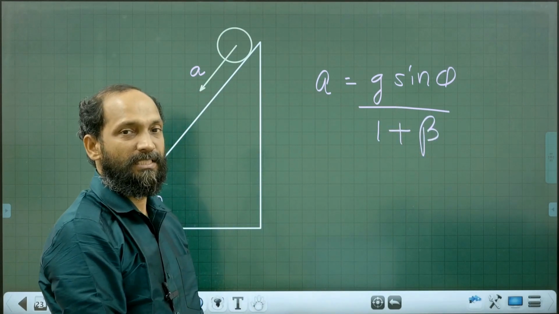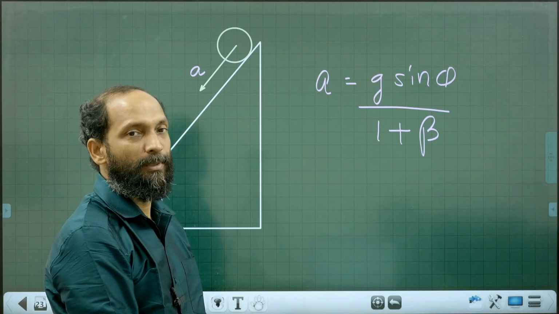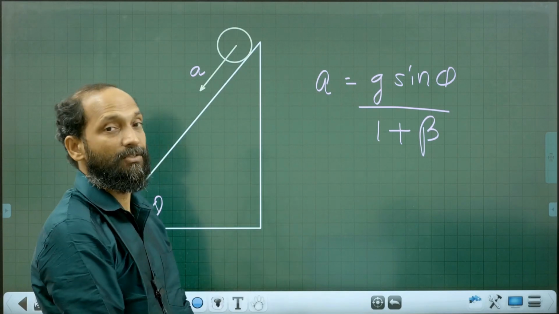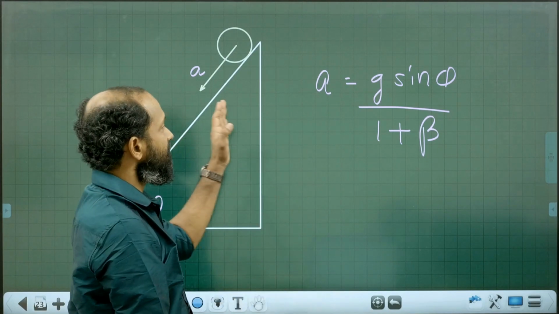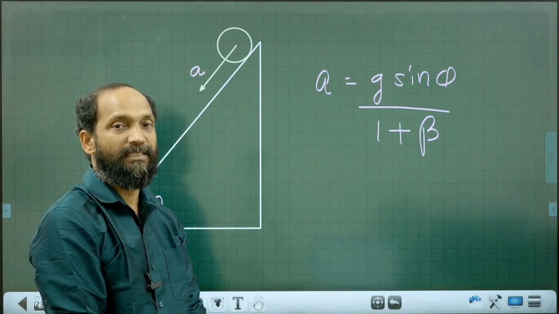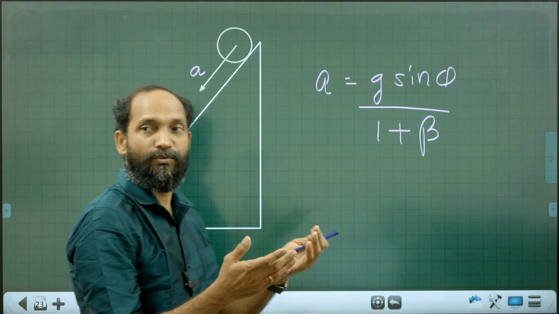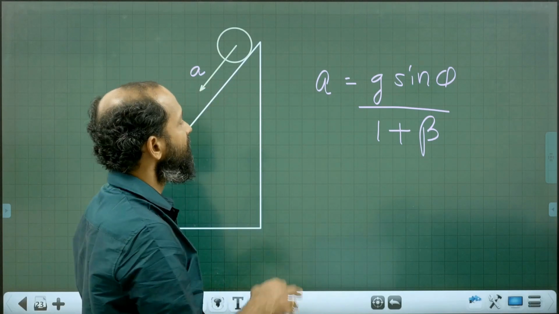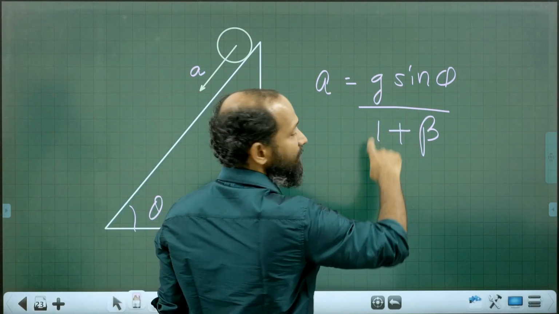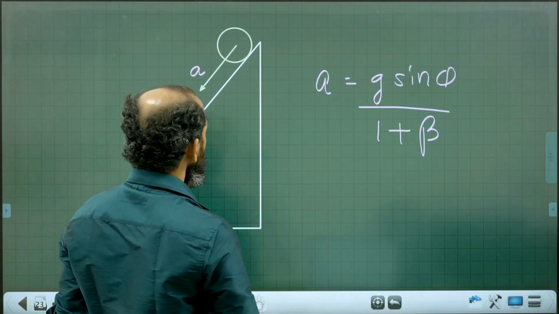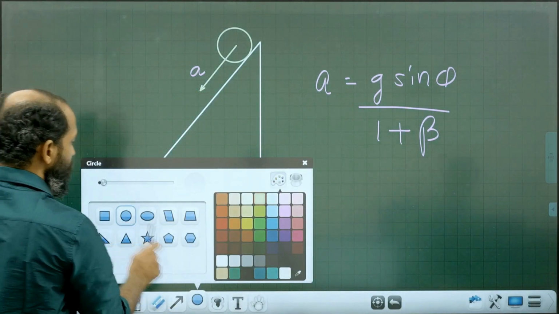If it was sliding without rolling, on a frictionless incline, the acceleration would have been g sin theta. But if the surface is rough enough to permit rolling without slipping, the acceleration is g sin theta by (1 + beta).